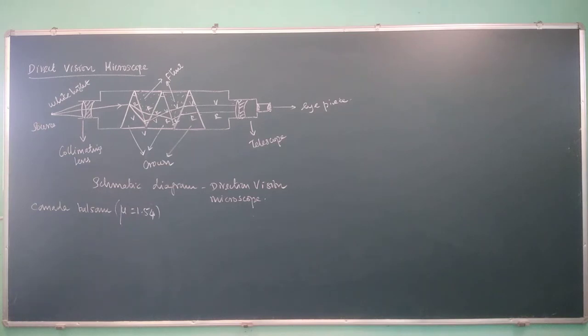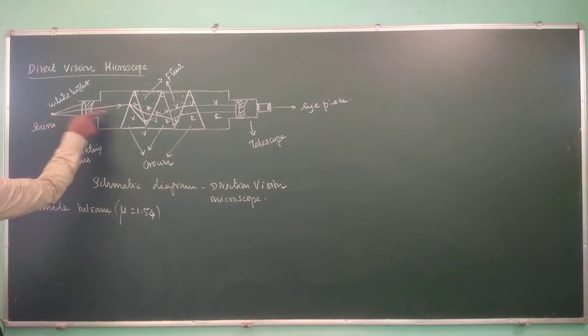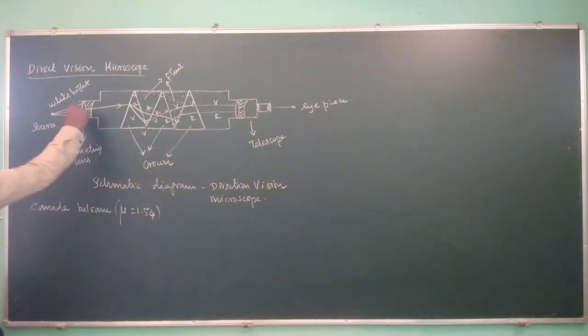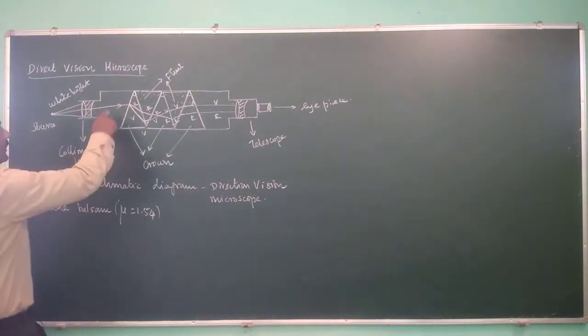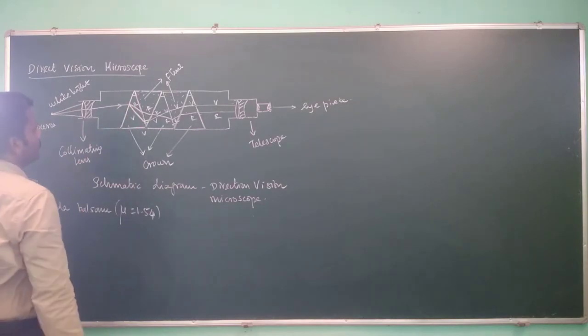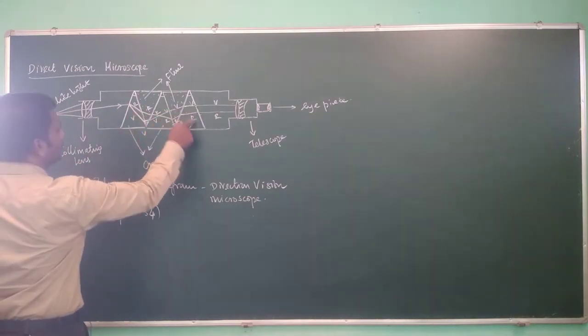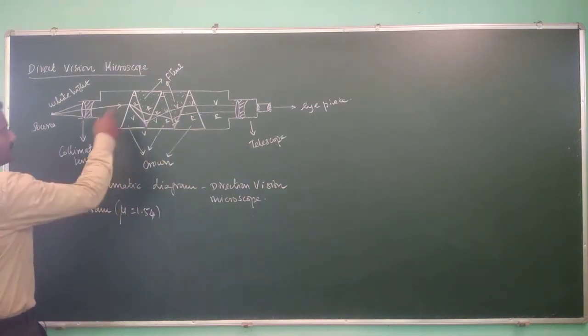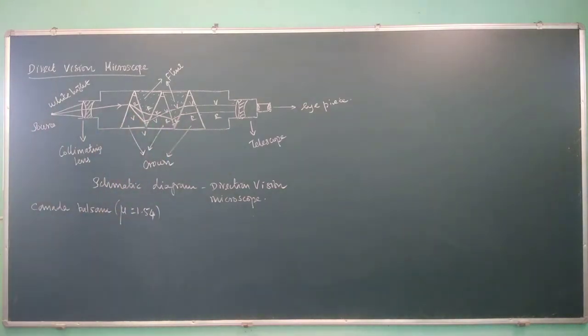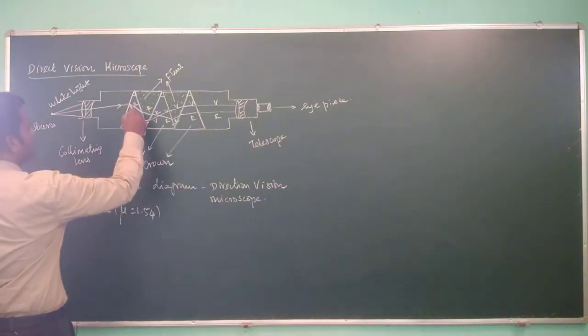How it works: white light goes through the collimating lens, which produces a parallel beam, and this beam of white light passes through the combination of crown, flint, crown. As these two kinds of prisms have different refractive indices for different colors, the colors split into violet and red.